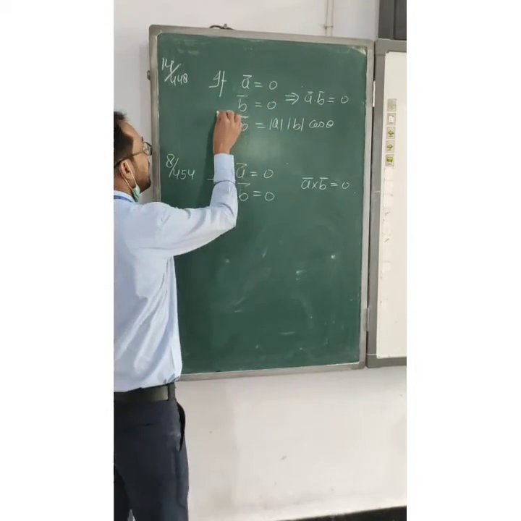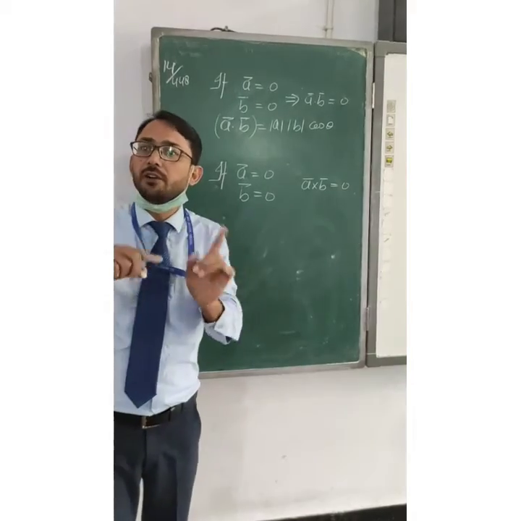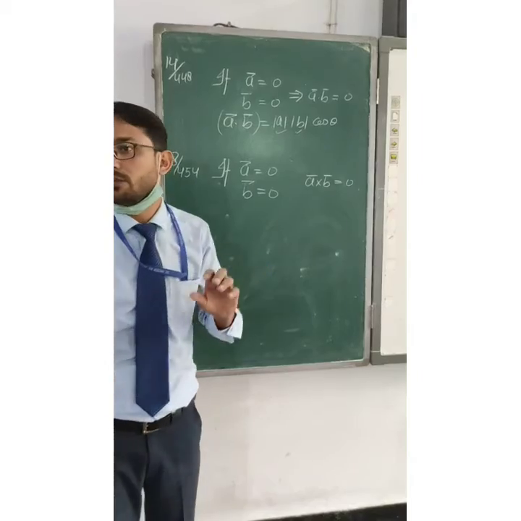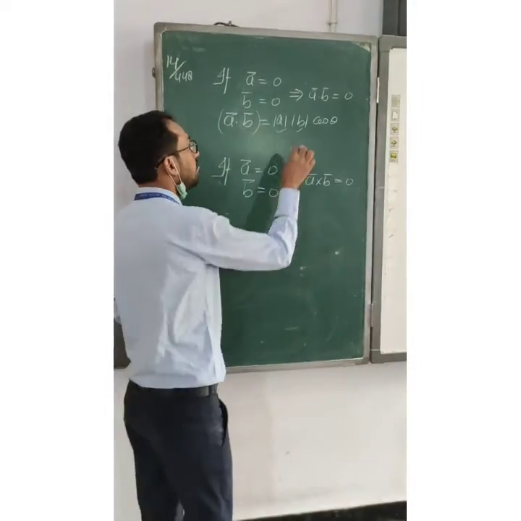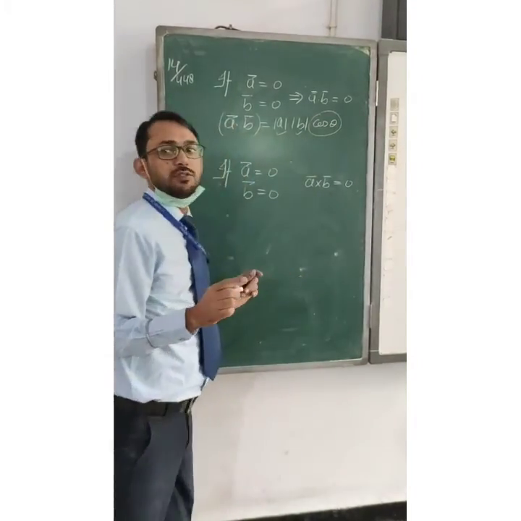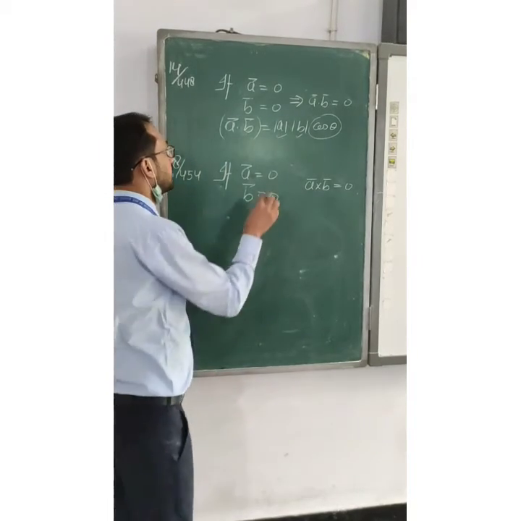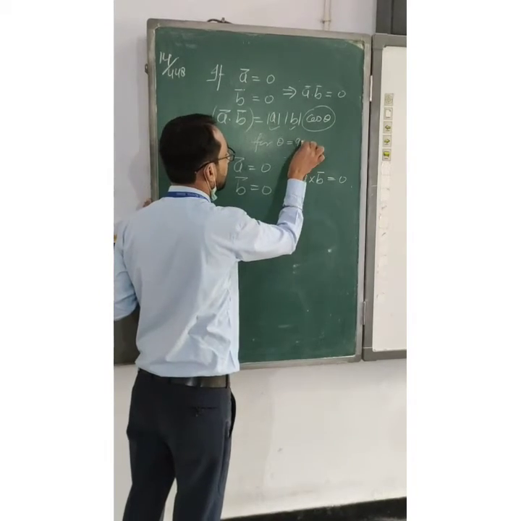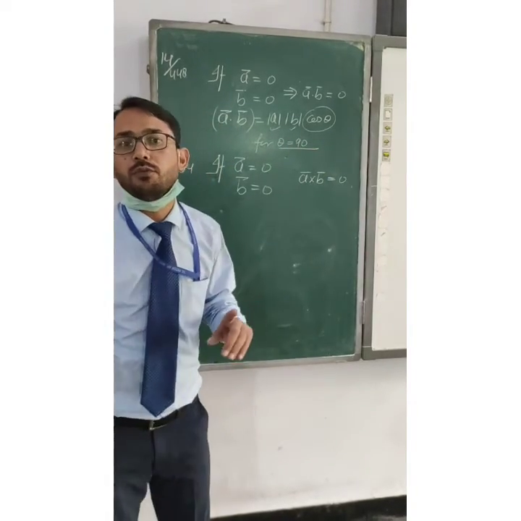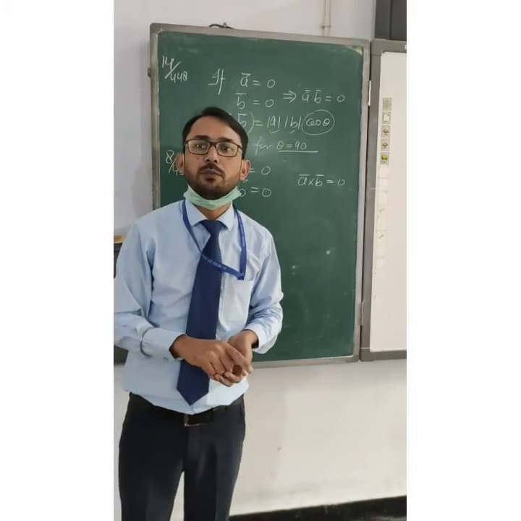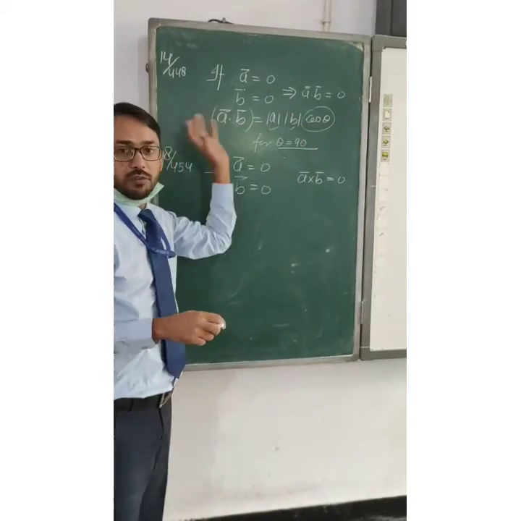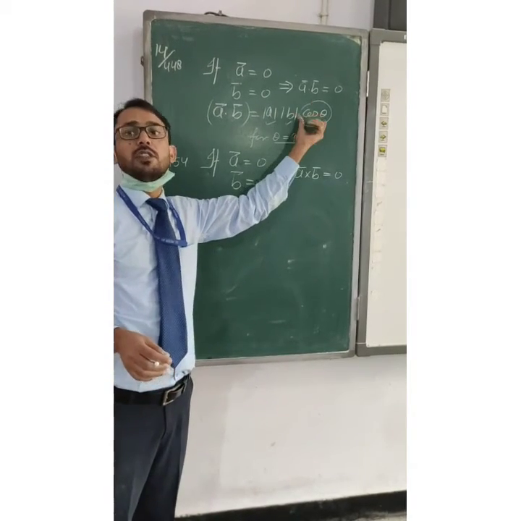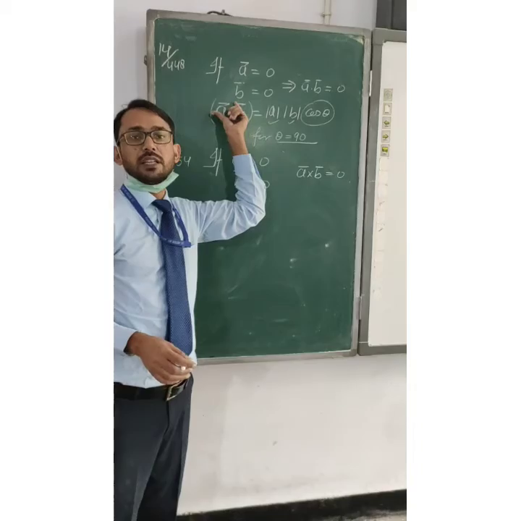But the converse does not hold: if A dot B equals 0, it is not sure that A or B must be equal to 0. Because at that time cos theta could also be equal to 0 for an angle of 90 degrees. For theta equal to 90, the converse won't be true. So this could be 0, or this could be 0, or this also could be 0, and then only it will be equal to 0.